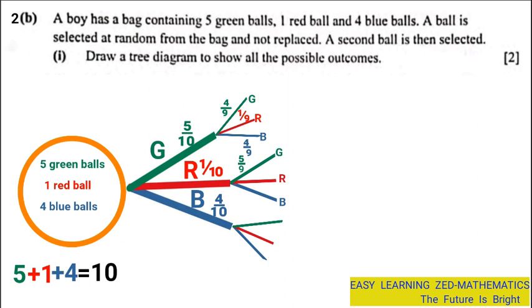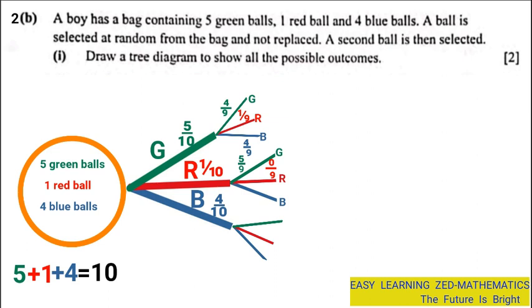So that means the probability of picking a red ball for the second time is 0 over 9. Because when the ball was picked at first and wasn't replaced or wasn't put back in the bag, that means in the bag there remained no red ball. So the probability of picking a red ball for the second time will be 0 over 9.